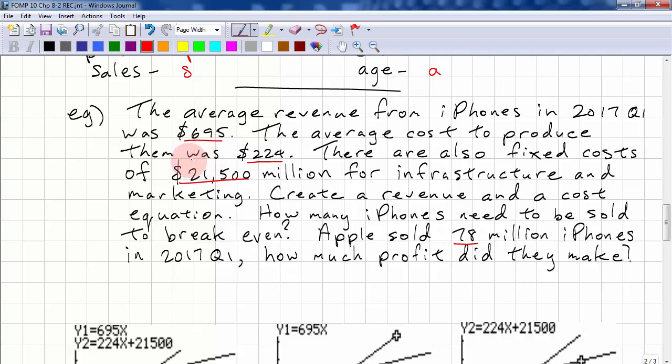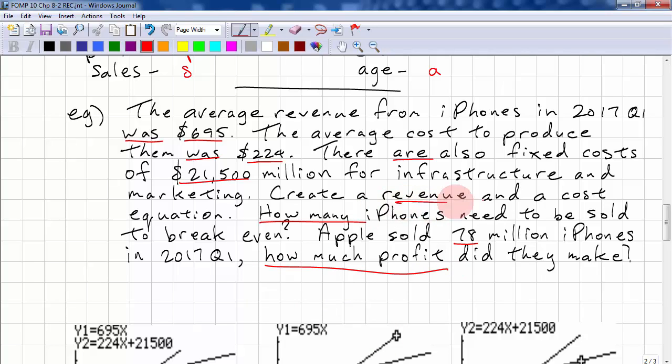So here's a was, are. So these are part of equals. So there should be an equal sign. And how many? That's a question. And how much? That's a question.